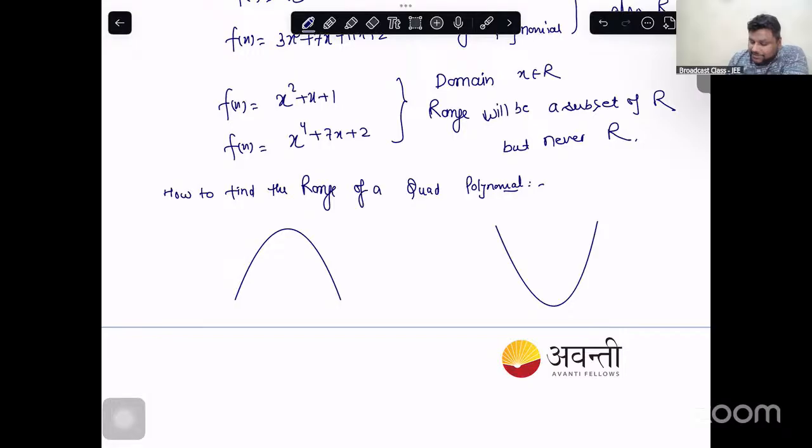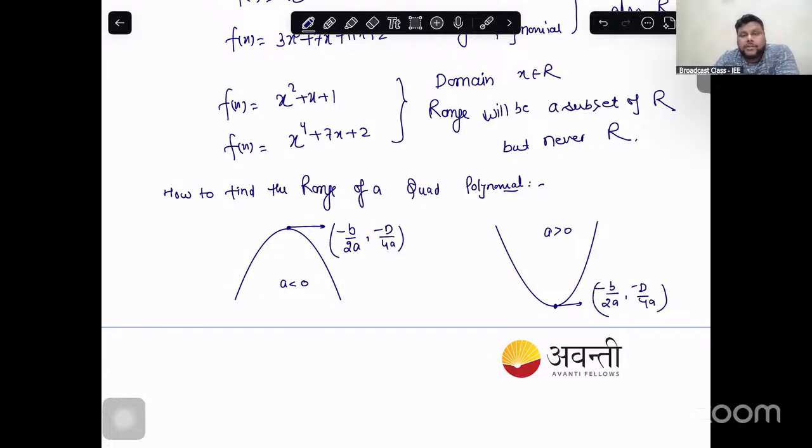Now, this happens while a is less than 0. This happens while a is more than 0. This topmost point is minus b by 2a and minus d by 4a. And this bottommost point is minus b by 2a, minus d by 4a.